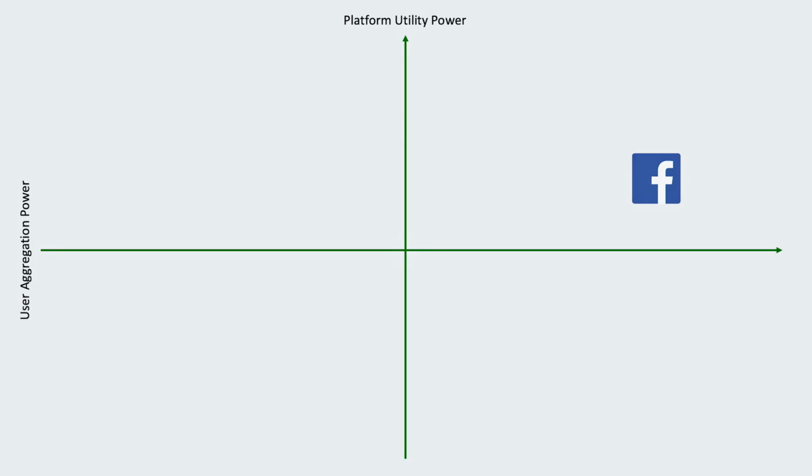Great example. So we've talked about two businesses that are moving up and to the right, and maybe an example of somewhere that has diminishing platform utility. We touched on it earlier, but it's probably worth elaborating on this one. Yeah, I mean, this could be a controversial example, Facebook. So clearly they've done an amazing job building user aggregation on the Facebook platform. I mean, billions of users globally, awesome job.